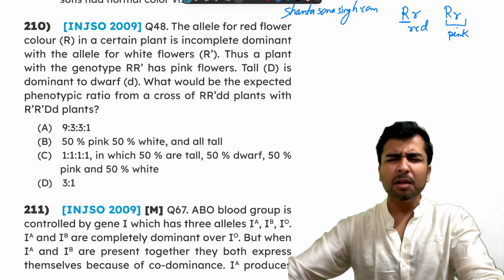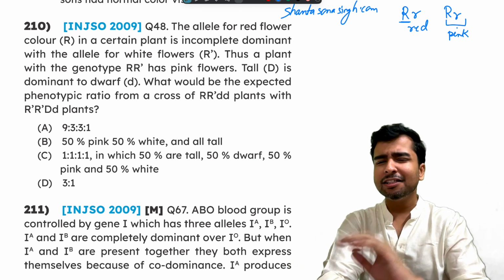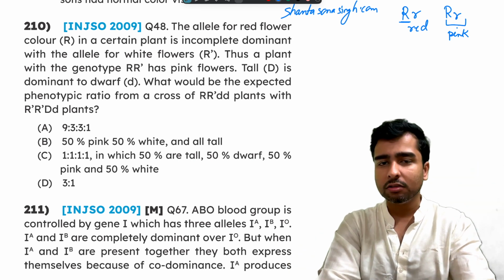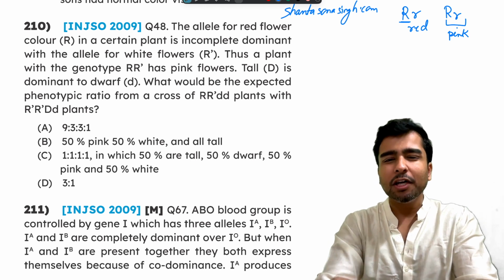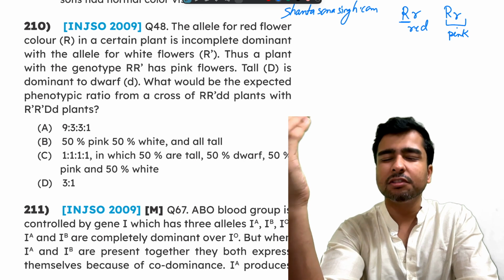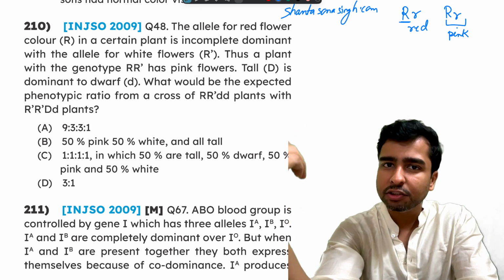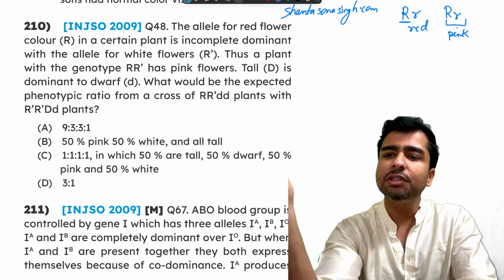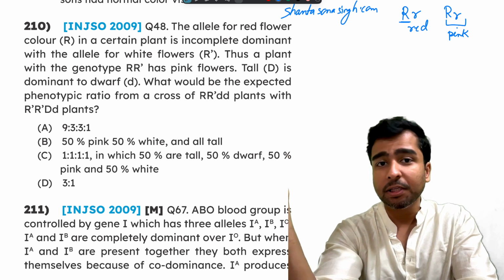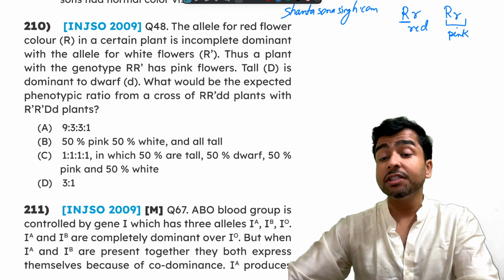Why? Because the small r allele does not produce any pigment, and that is why overall the pigment was produced in reduced quantity, because of which you have this pink. What is the case of codominance?